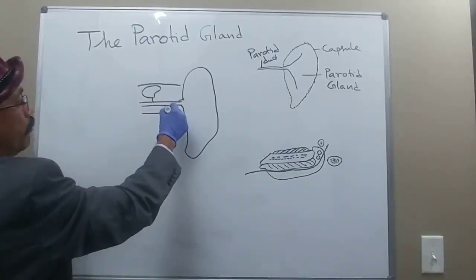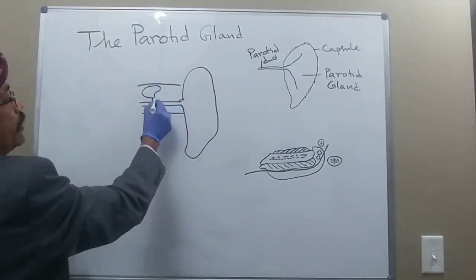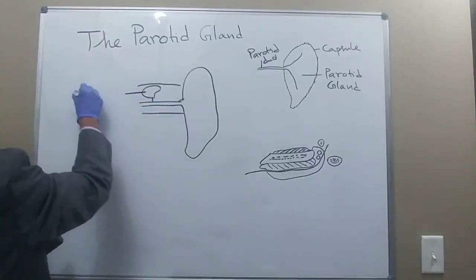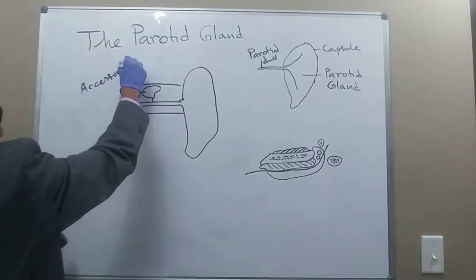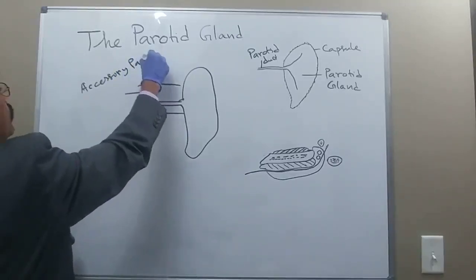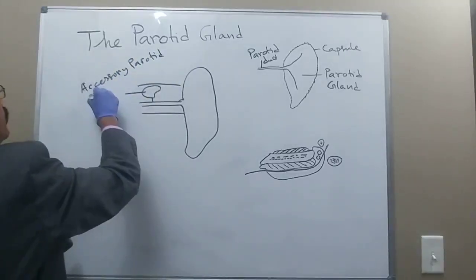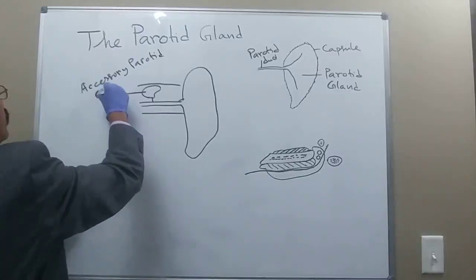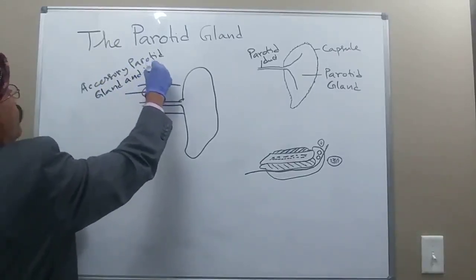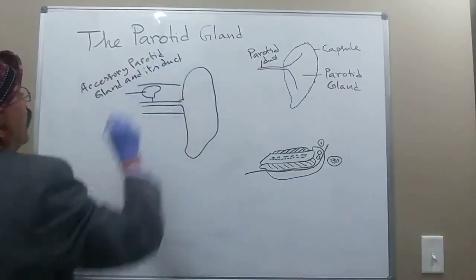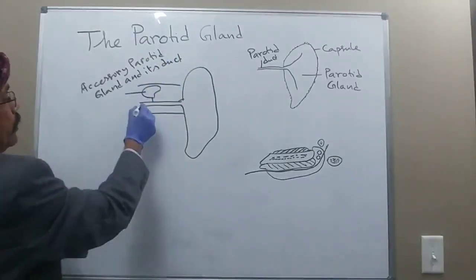Above the parotid duct, we have the accessory parotid gland with its duct.